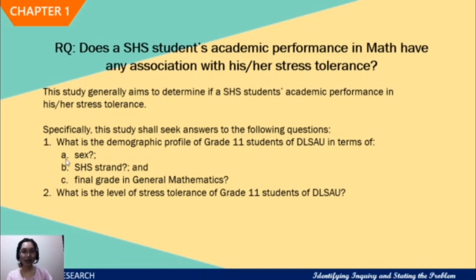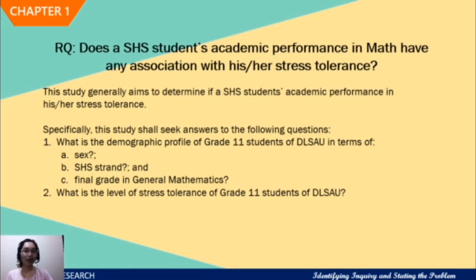Kung ano yung sex nila at saka ano yung strand nila. Bakit hindi lang ito basta mo lang tinanong? Basta lang meron kang matanong sa demographic profile. Kasi yung study na ito, gusto niya ding ma-measure kung meron bang difference between the stress tolerance in performance in mathematics pala, as well as the stress tolerance of the female and male.